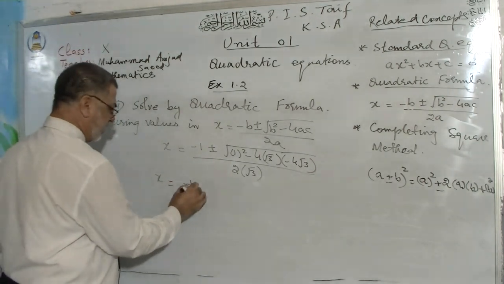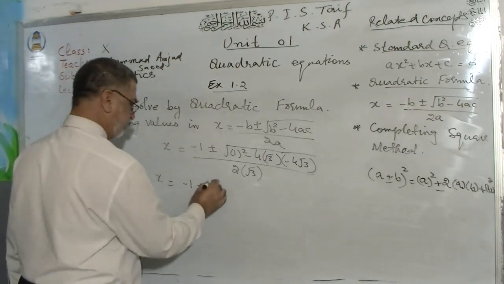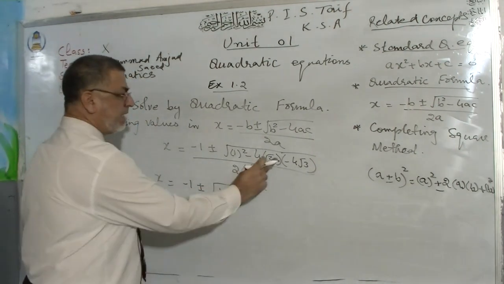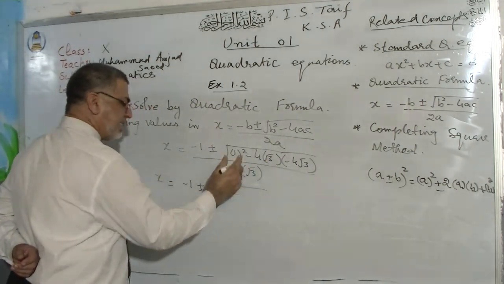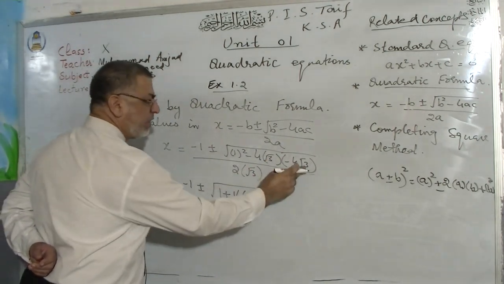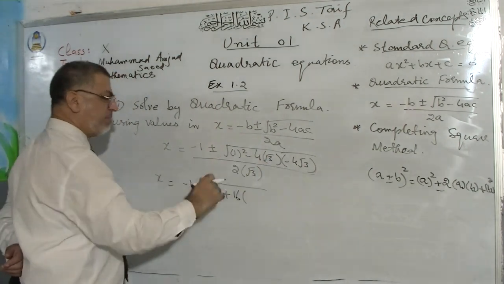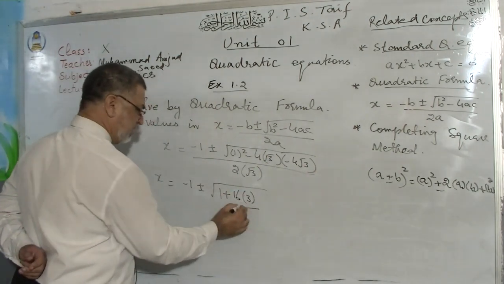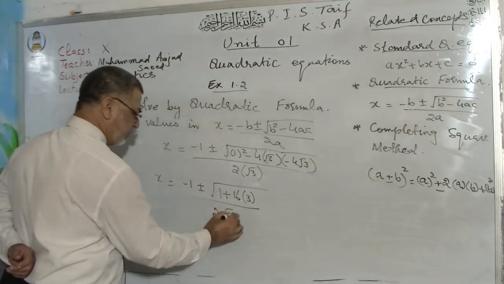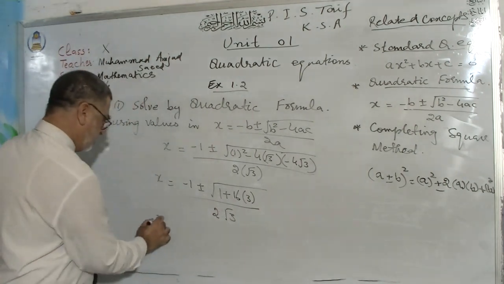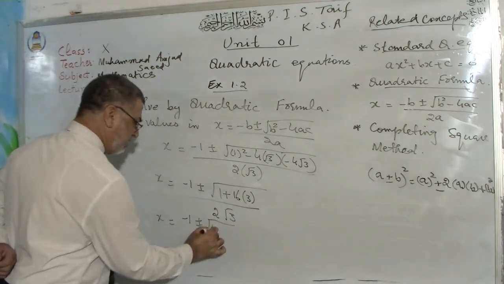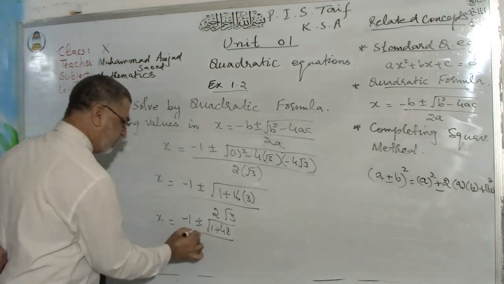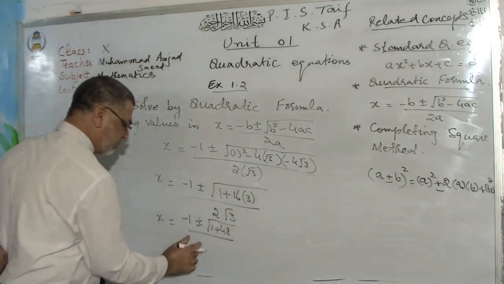x is equal to minus 1 plus minus the square root of 1, then minus minus plus, 4 times 4 is 16, and 3 times 3 is 9, so 16 plus 9... divided by 2 times 3. So x is equal to minus 1 plus minus the square root of 1 plus 48, over 2 times 3.